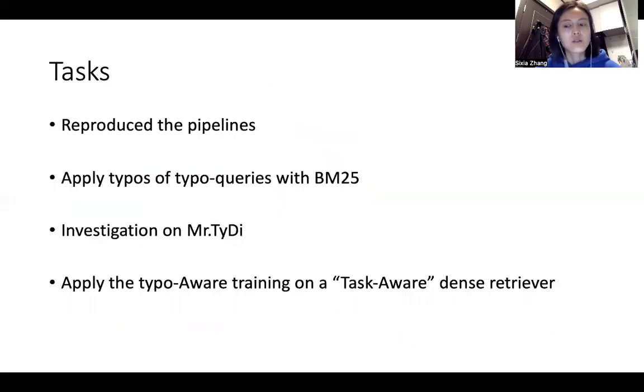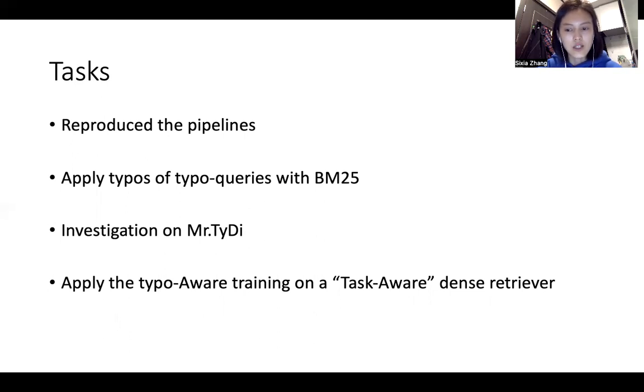So this is the introduction, and in our project we will have four tasks. The first one is to reproduce the original pipelines. Then we compare the typo-aware training of the sparse retriever, such as BM25, with the typo-aware version of BM25, and see if there is any improvement between these two.